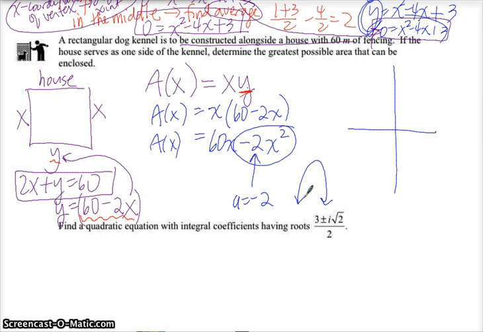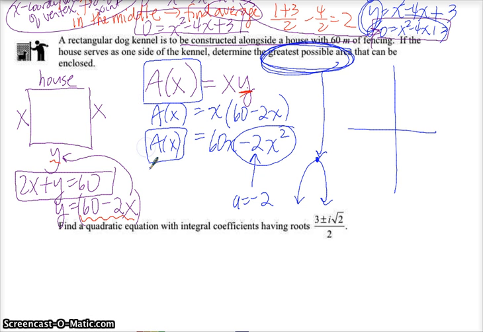If I want to find the greatest possible area, then I want to maximize my area. Well, what is the area? The area is represented by the y value. So my y-axis is the area. I want the maximum. Well, in other words, I want the y value of the vertex.